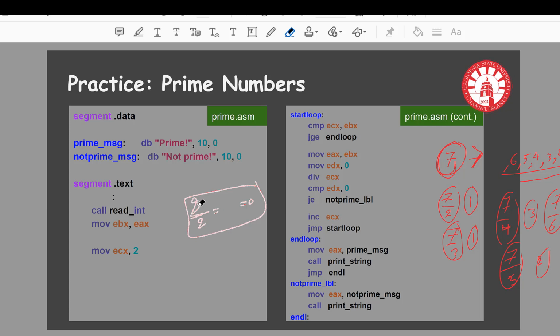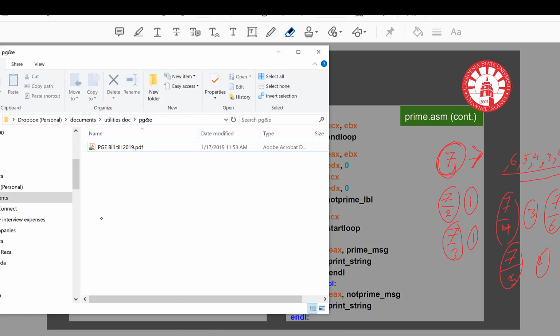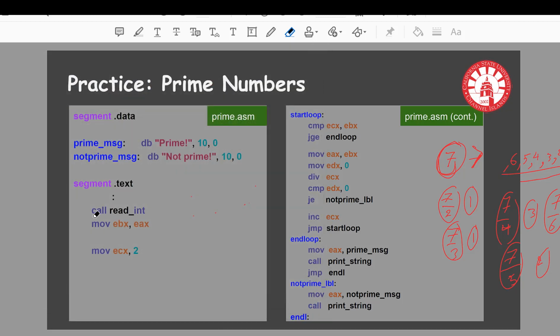So we first read the number from the screen. We read an integer from the screen. Assume that our integer this time is a number like 4, and we put that in the EBX register, and we move the value of 2 into the ECX register.